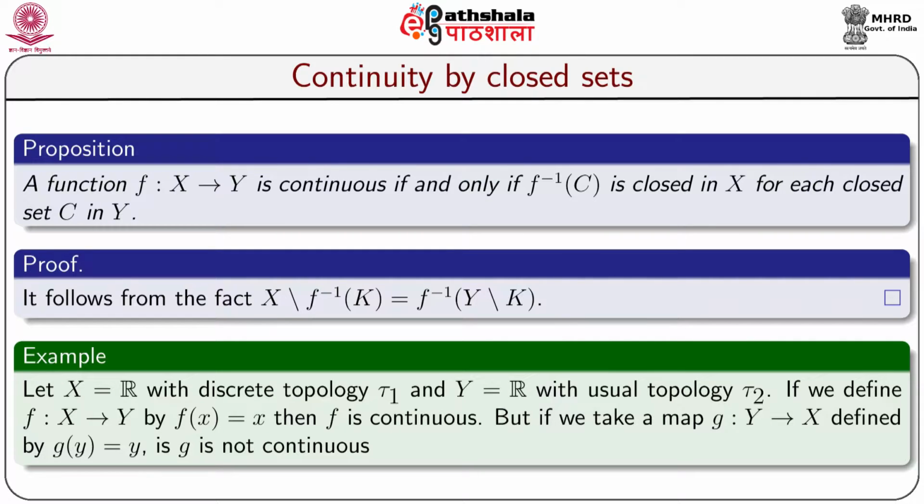But if we go from usual topology to discrete topology, then that function is not continuous, because it can't pull back open sets to open sets. For example, in discrete topology singleton sets are open, but a singleton set in the usual topology is not open.